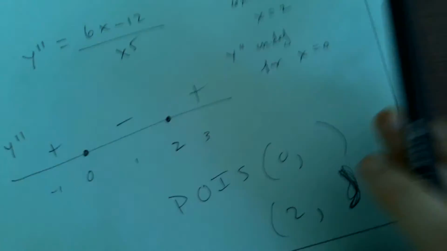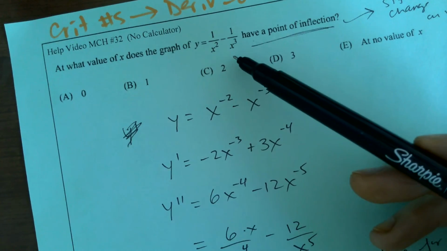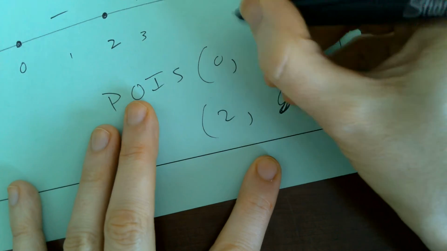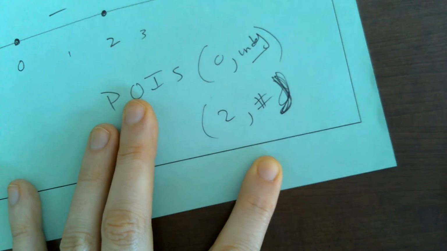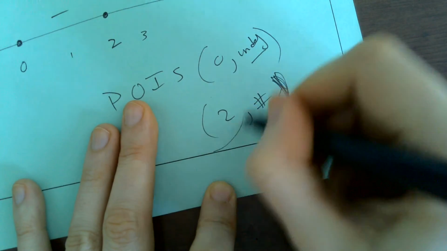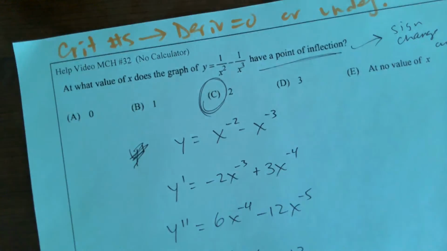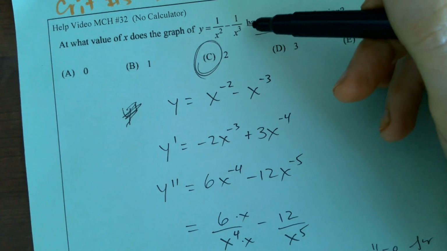But look at 0. If you plug 0 in here, you're going to be dividing by 0, so you get something that's undefined. If you plug 2 in here, you get an actual number. So it is 2 that is where we have a point of inflection. It turns out that an input of 0 you can't even do here.